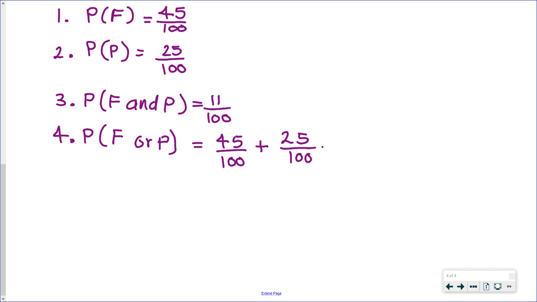And then we have to take out the part that they have in common. And we found that to be 11 out of 100 because we don't want those repeaters. We add them up and subtract, and we get 59 out of 100. So there it is, 3 probability questions answered.